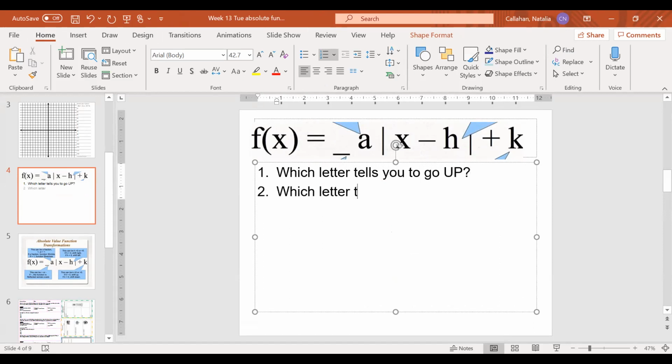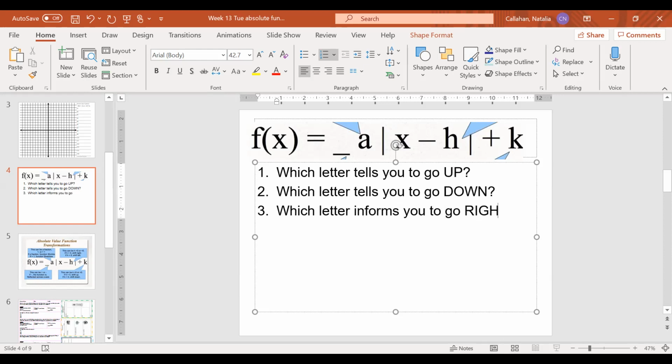Which letter tells you to go down? Which letter informs you to go right? Which letter informs you to go left?